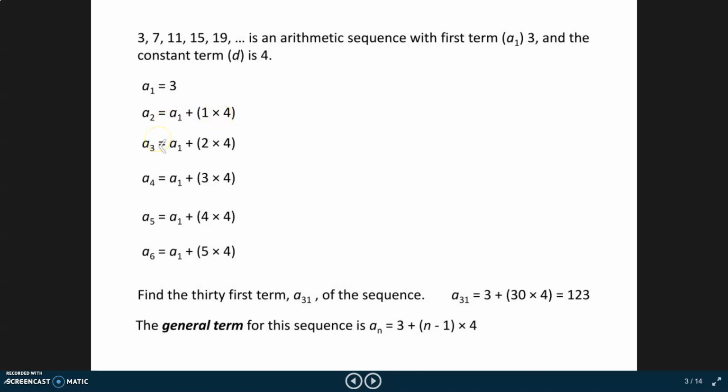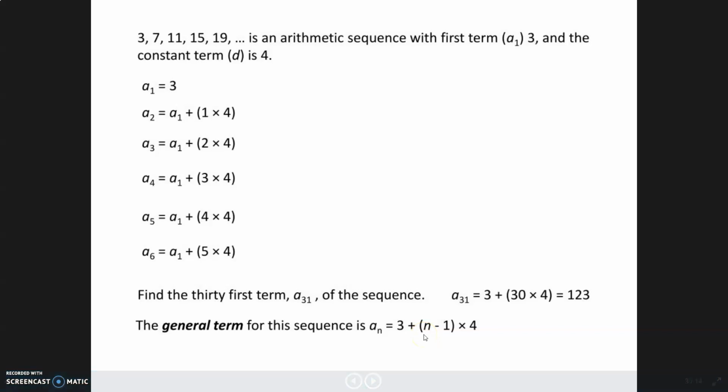In order to get to A3, you start with your first term and you add your difference 2 times. And A4, you'd be adding your common difference 3 times, and so on and so forth. Well, this generates a pattern for a more general rule for this term where we start with our first term 3 and we're adding our common difference 4, n minus 1 times. And n would be whatever term value we want to achieve.